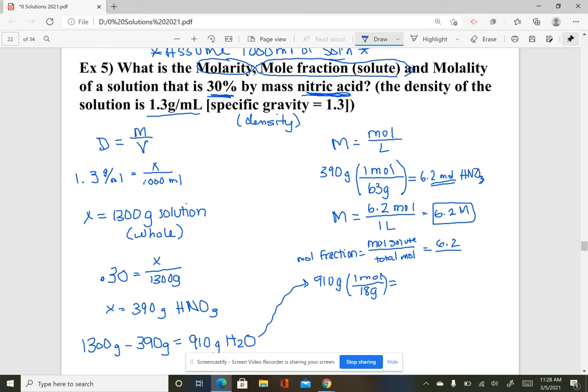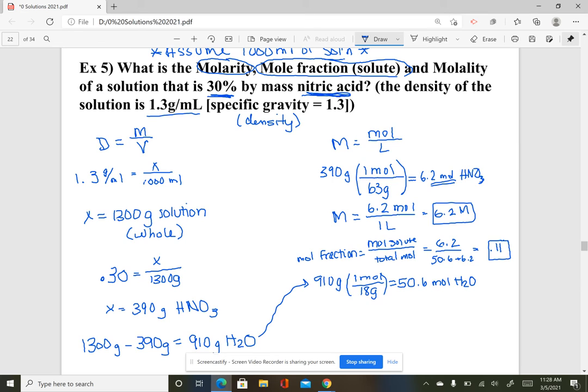So if I do 910 divided by 18, I get 50.6 moles of water. So I want to do 50.6 plus 6.2. That's going to be my bottom number. Add that up first. Then you want to do 6.2 divided by that total. The mole fraction is going to be 0.11. And there are no units that go with this, guys, because our moles just cancel each other out.